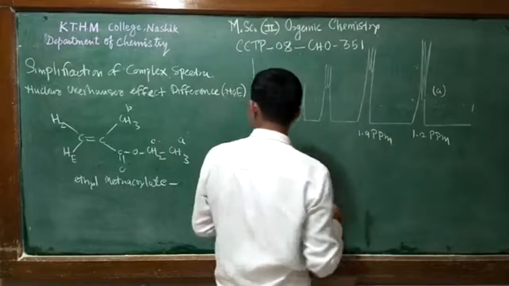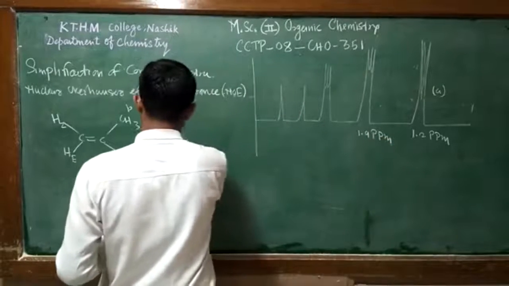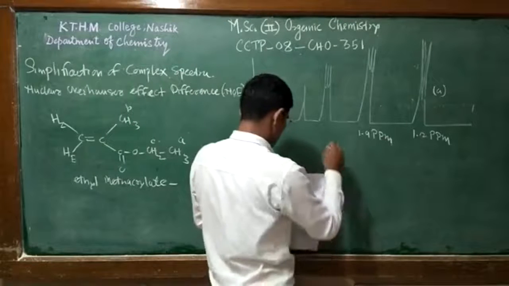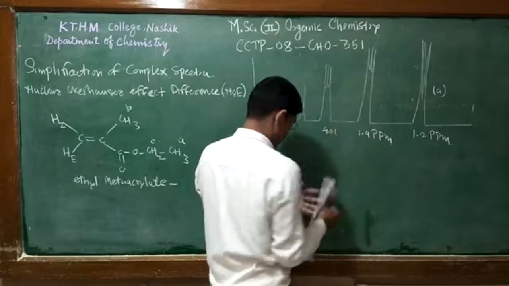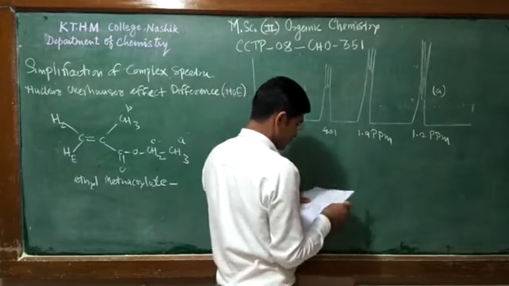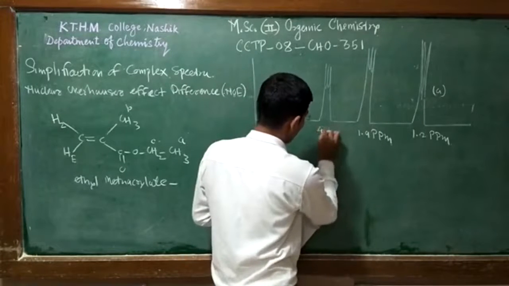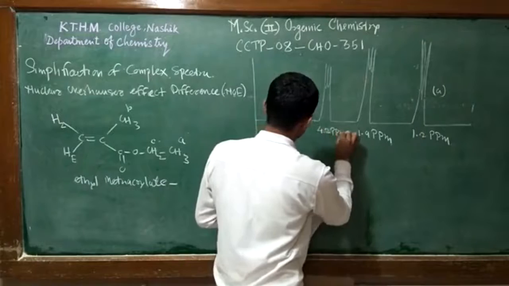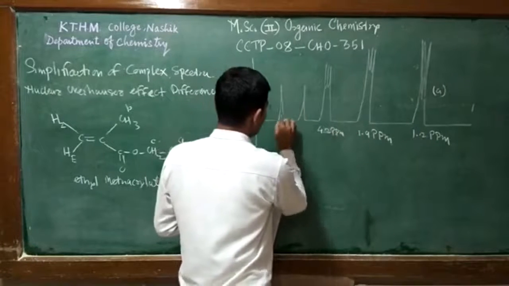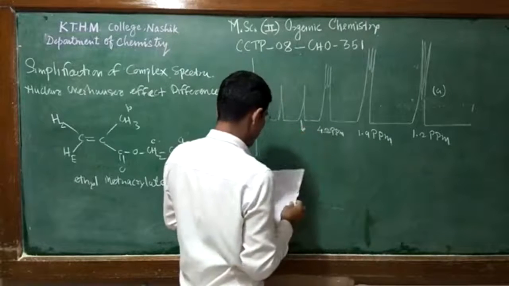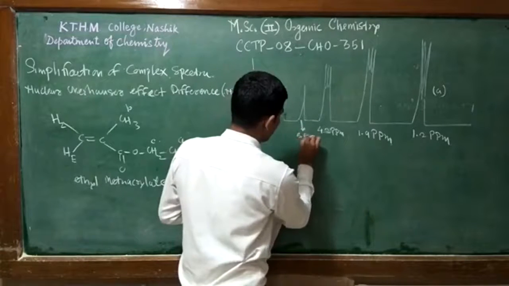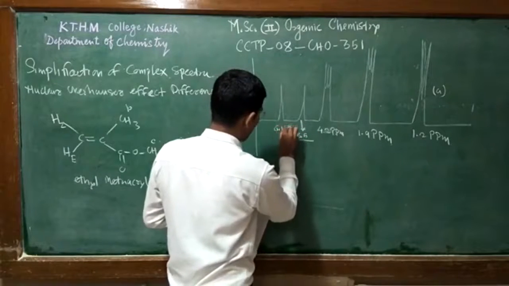Then proton C, which is attached to oxygen, shows the value 4.2 ppm, and again this one proton shows the value 5.5 ppm and this one proton shows the 6.1 ppm value.